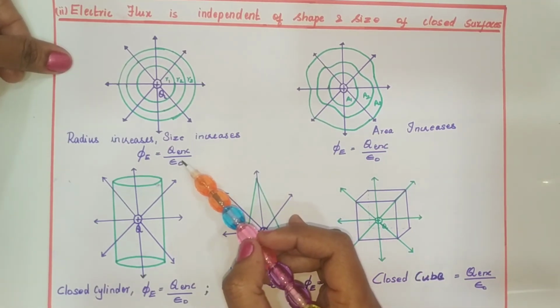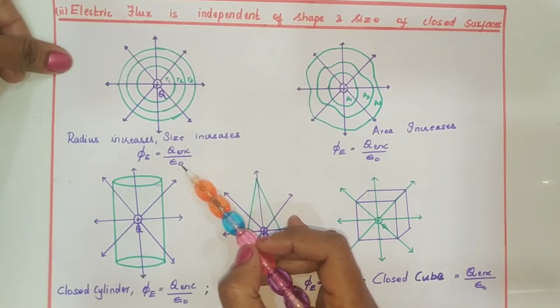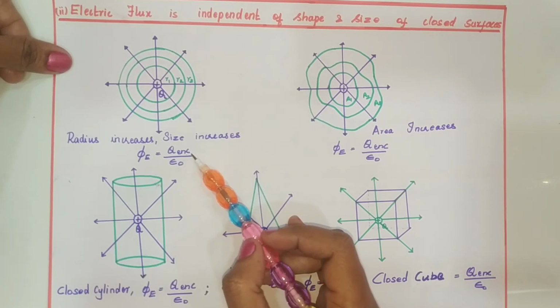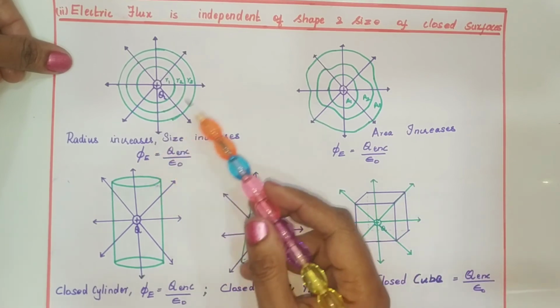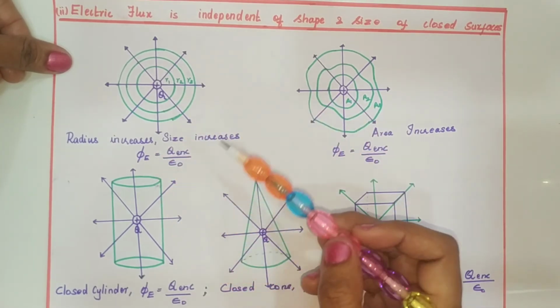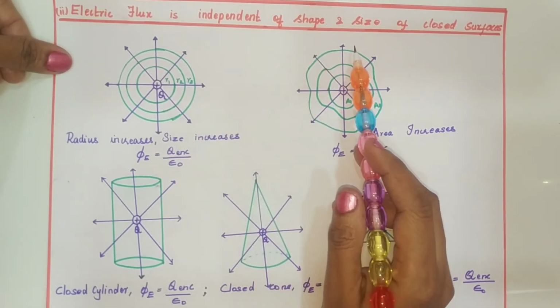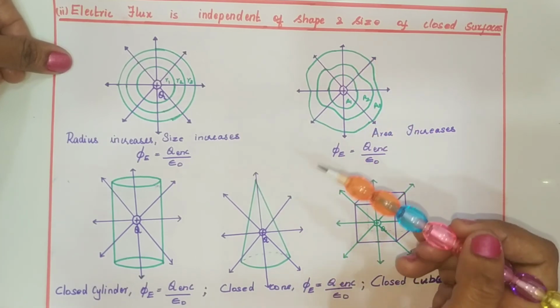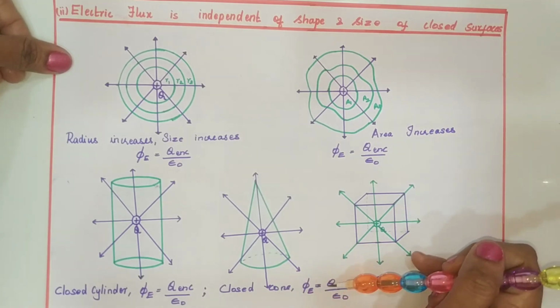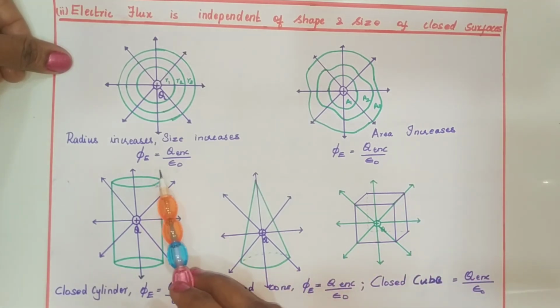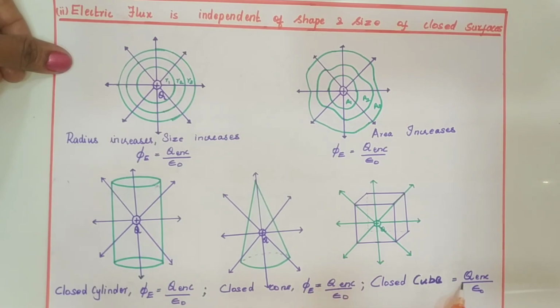Electric flux phi E will be 1 by epsilon naught times the charge enclosed. Whatever be the shape and whatever be the size, the electric flux is independent of it. Okay, and according to Gauss law, the electric flux phi E will be 1 by epsilon naught times the charge enclosed within the closed surfaces.